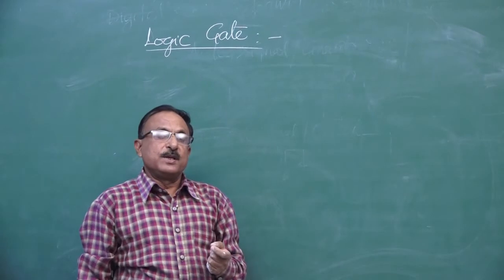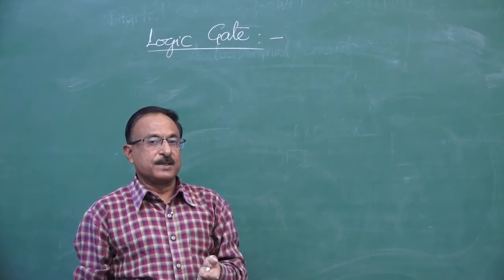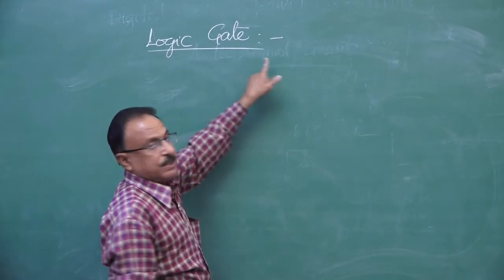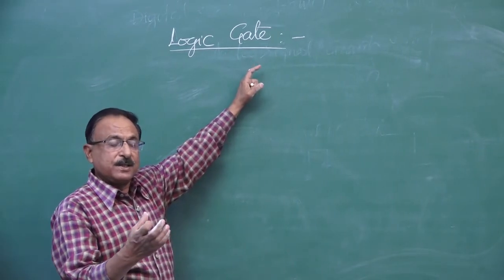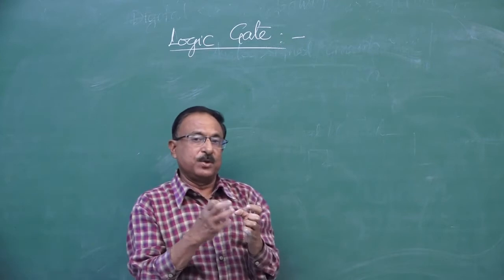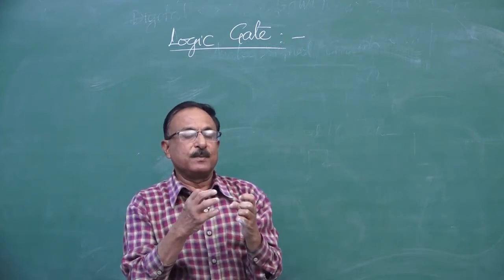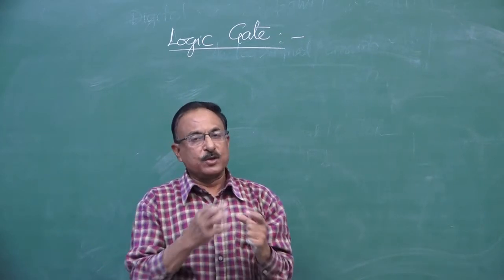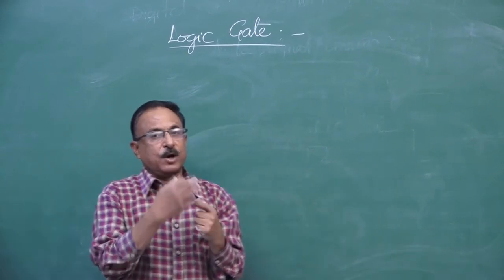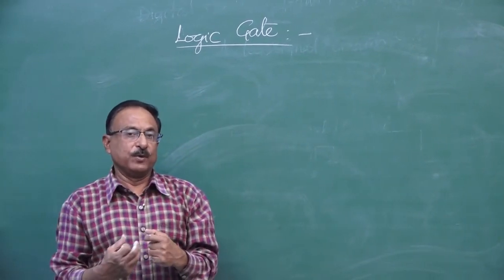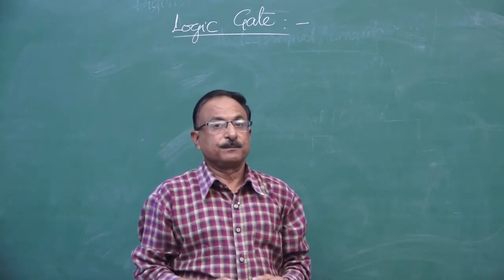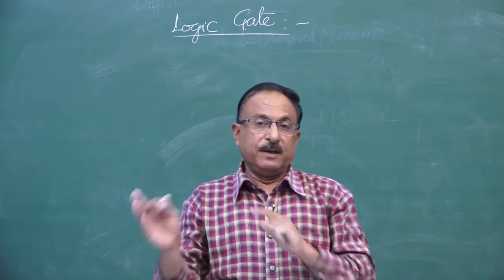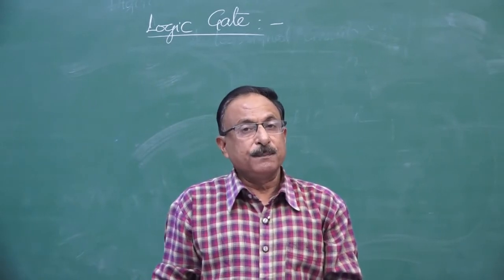Now we come to a very special class of digital circuits we call logic gates. These logic gates are special digital circuits in which output and input both have some logical relation. It follows some logical relation between the output voltage and the input voltage. These logic gates are represented by some graphic symbols, and we will learn what graphic symbols there are.